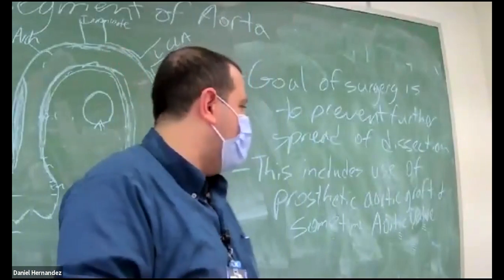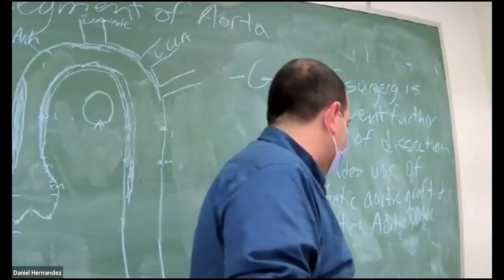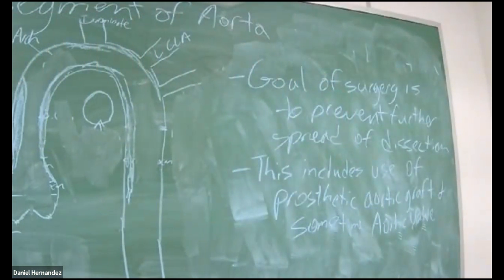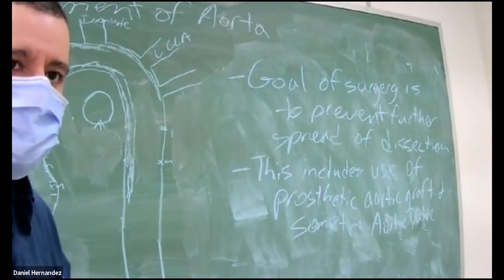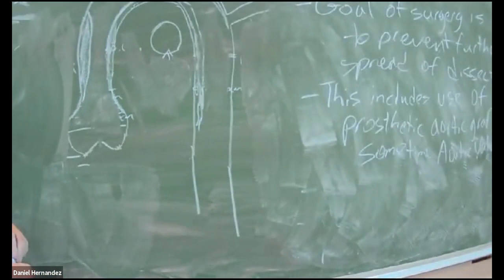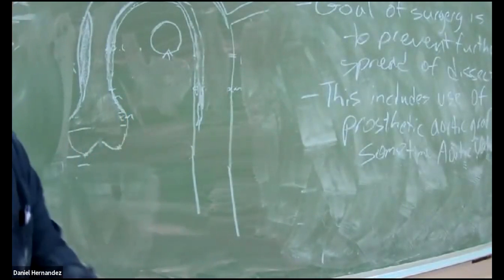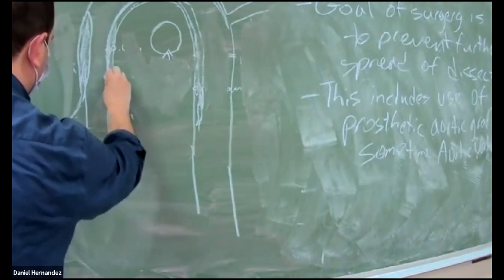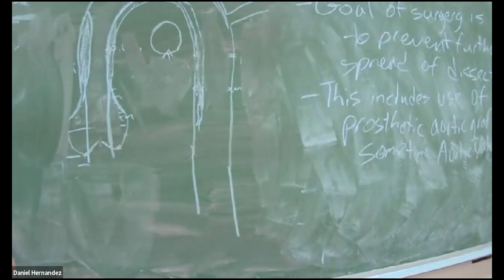The reason for that being that they may potentially have to put in a new valve as well if we have that extension all the way down into that annulus. And if it protrudes into the valve as well, it could affect that valve. So they'll stent that entire area with a prosthetic graft.